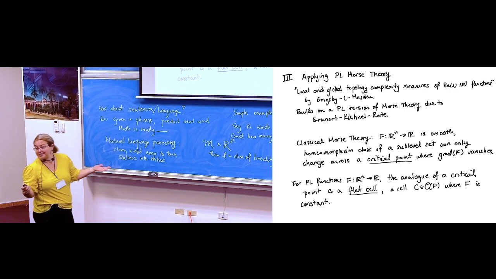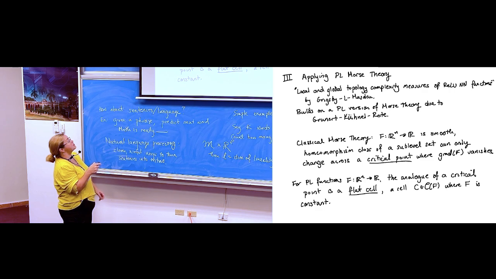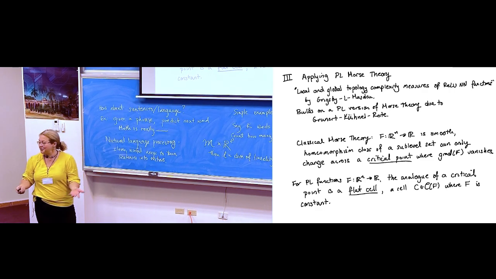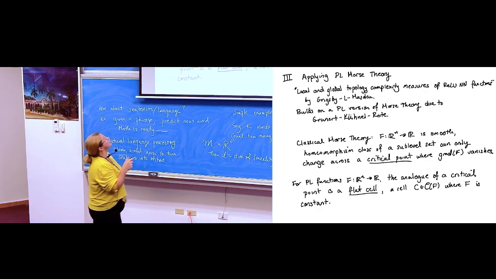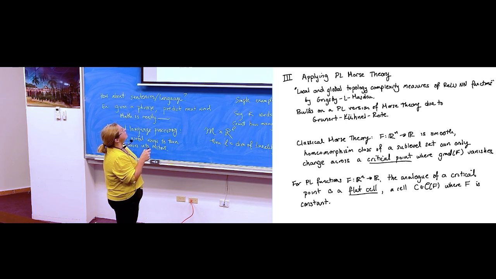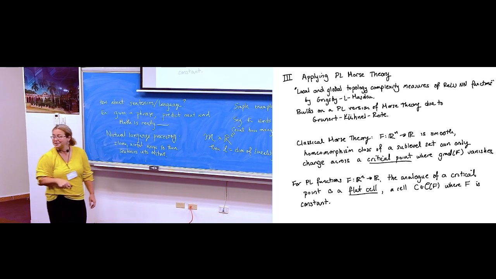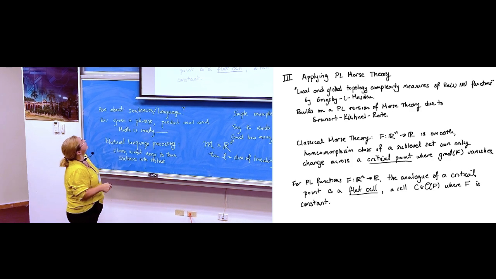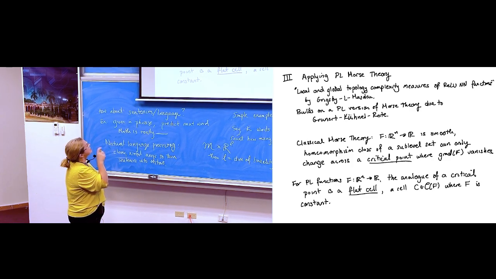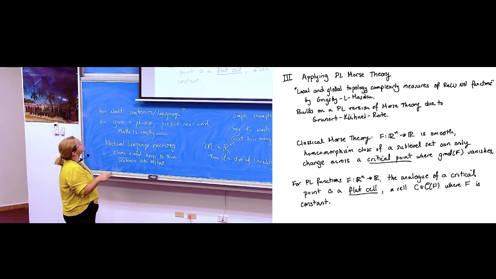Another, obviously, great set of tools from topology is Morse theory. We're talking about piecewise linear functions. So maybe we can apply a piecewise linear version of Morse theory to try to answer some of these questions. This is something I worked on for a while.